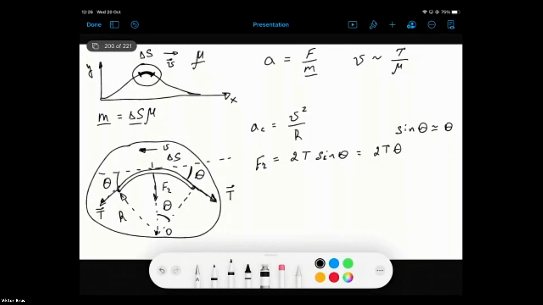So in that case, we should write that Fr, which is equal to 2 times T times theta, should be equal to m times v squared divided by r.